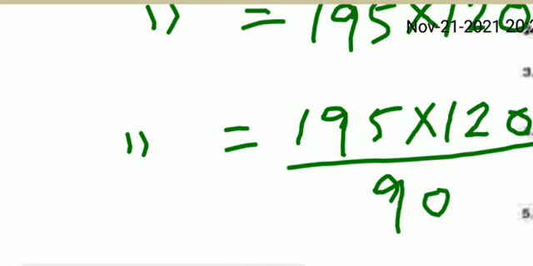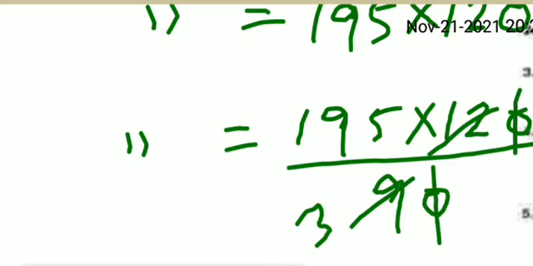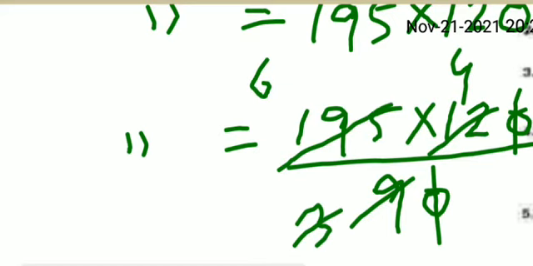Now just calculate. Here 0 and 0 will be cancelled, 3 3s are 9, 3 4s are 12, 3 and 195 cancel it, 3 6s are 18, and 3 5s are 15.